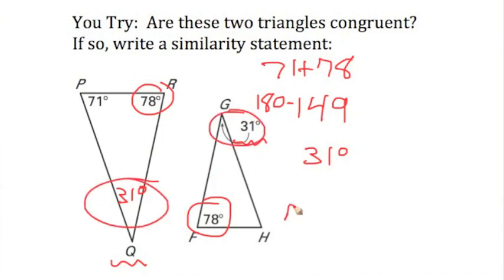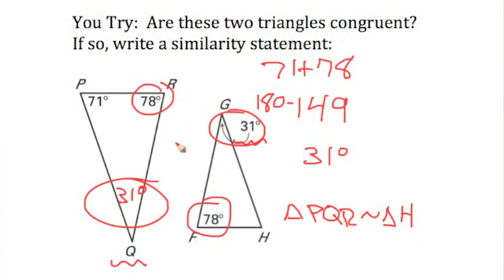That means triangle PQR. And notice I'm choosing to write it in this order. Your order may be different. Just make sure that your vertices match up. I said P, that's 71. H has got to be 71 because it's the last angle. R is 78. F is 78.